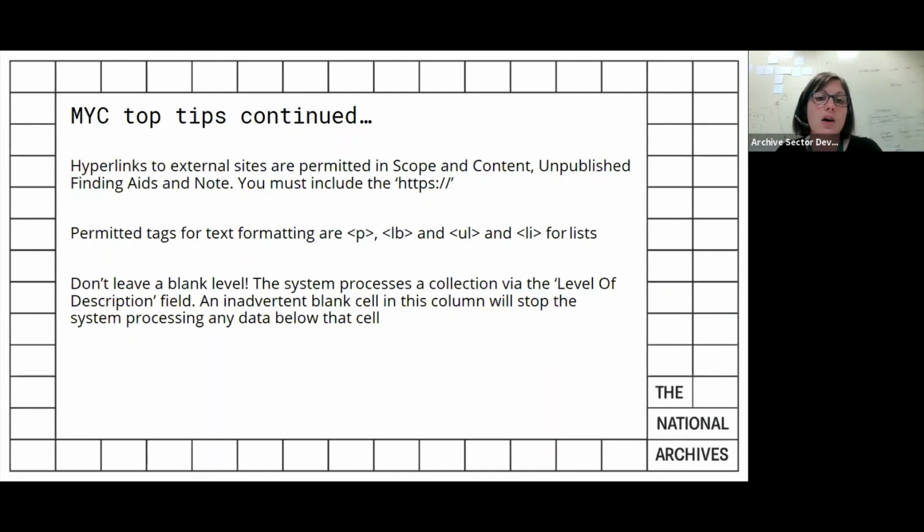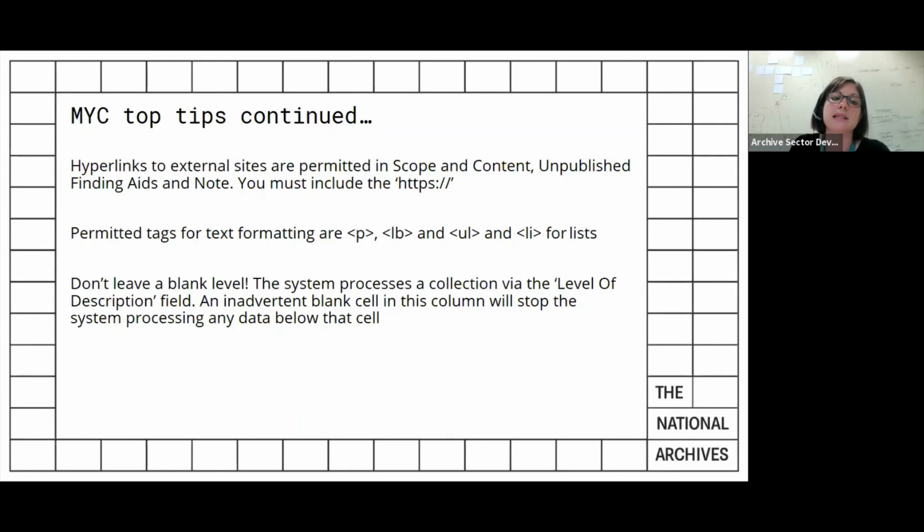There are 3 fields in the template that allow live hyperlinks: scope and content, unpublished finding aids and note. Just bear in mind that you do need the HTTP or HTTPS element of the URL to make the URL live for clicking on.